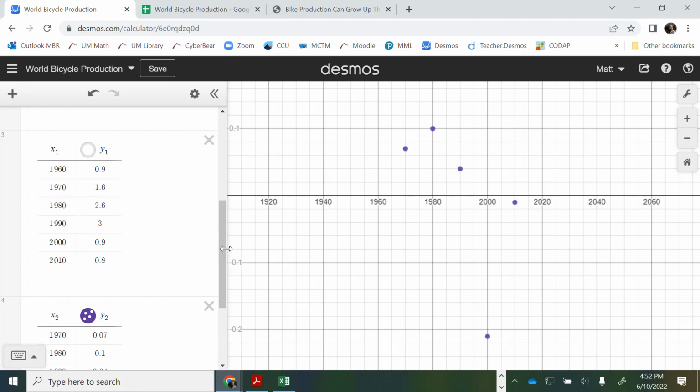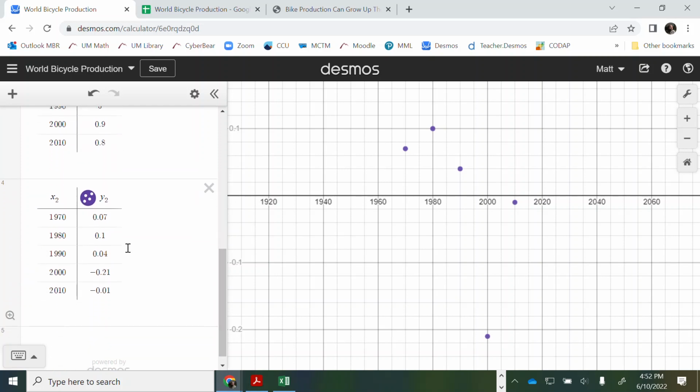And that's exactly what the second derivative shows us, is that things are concave up, indicating acceleration up until 1990, and then concave down past 1990, indicating that we're definitely slowing down in the rate of change in which bicycles are being produced in the world, starting in about 1990 or shortly thereafter.